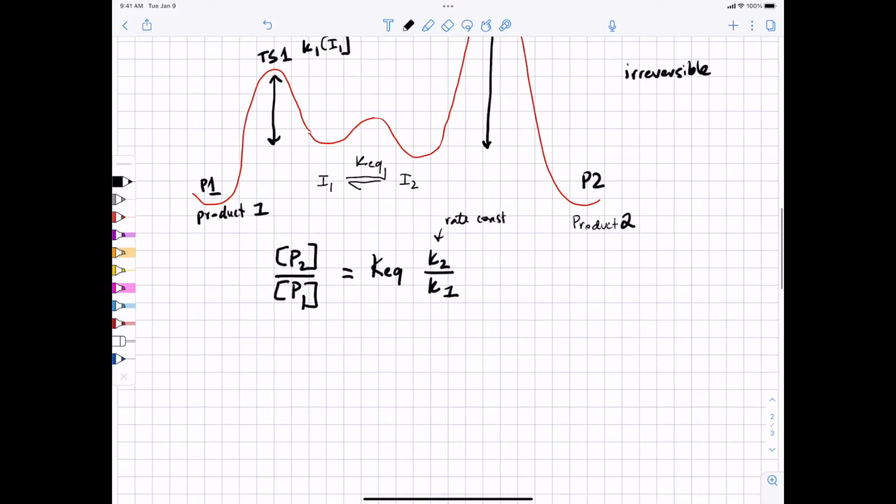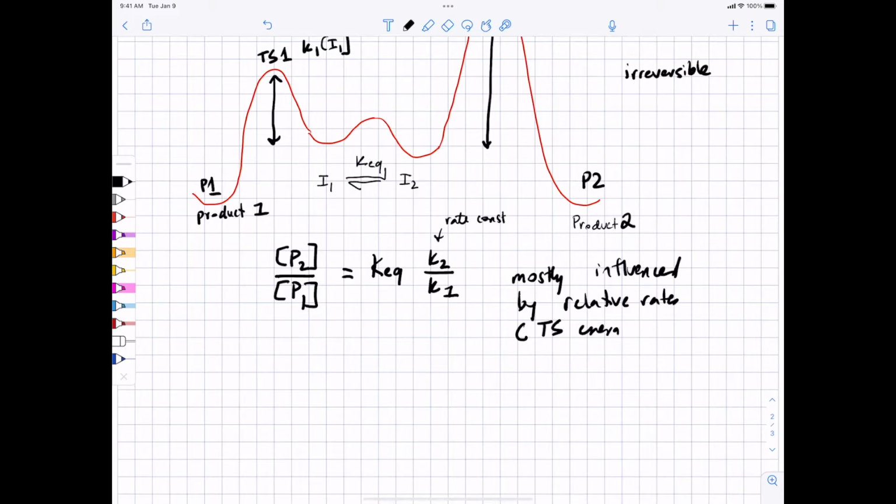Reaction outcome is mostly influenced by relative rates, which is basically transition state energies, and not by intermediate stabilities.